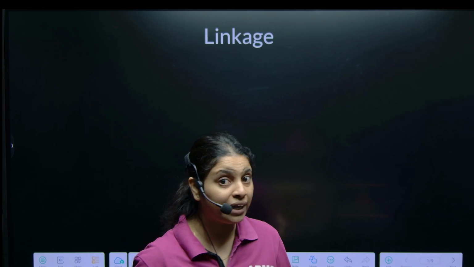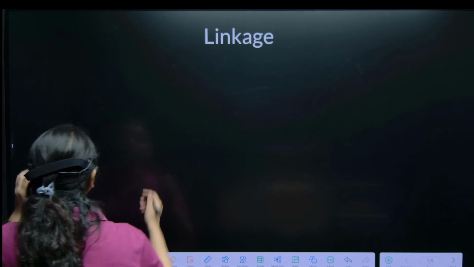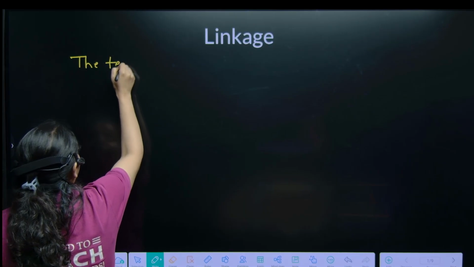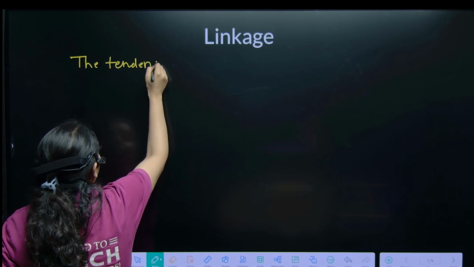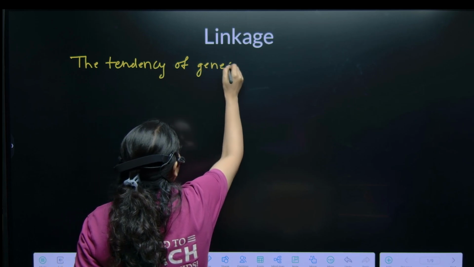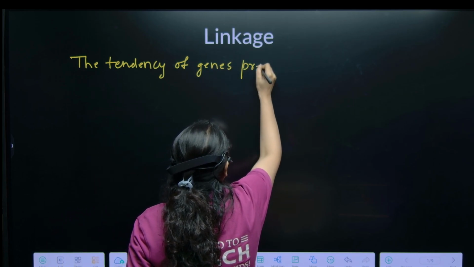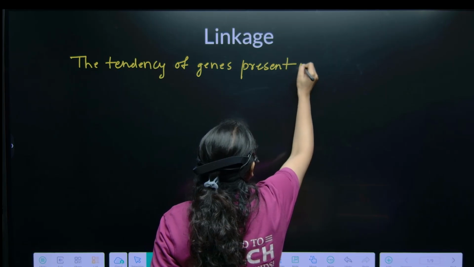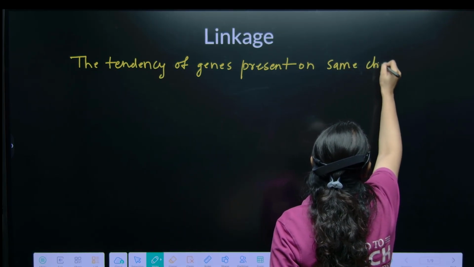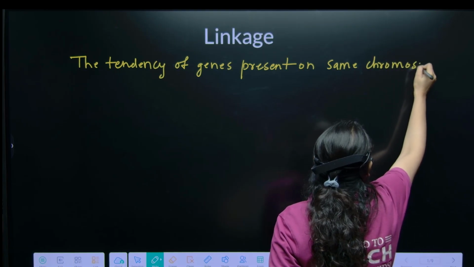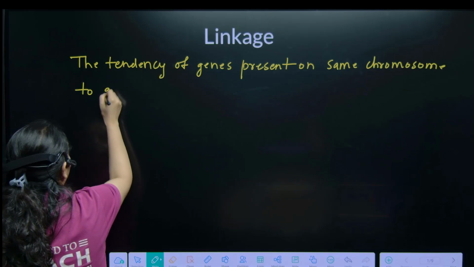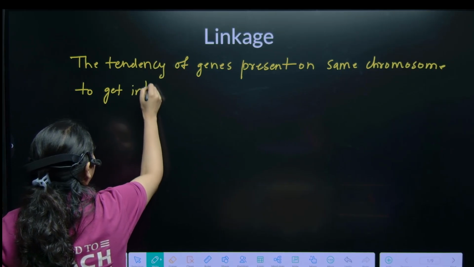So, how can we define linkage? Let's write the definition first. The tendency of genes present on the same chromosome to get inherited together.